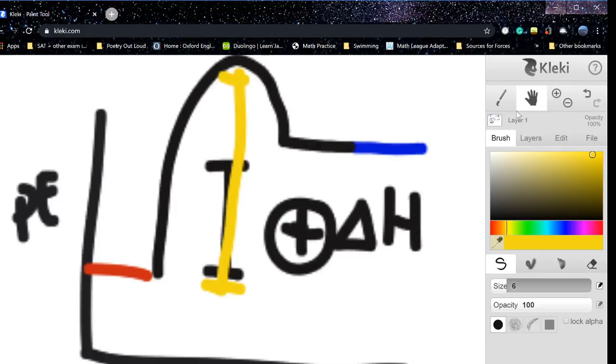As you can see, the activation energy is much larger because it requires energy. And again, this is the energy of the reactants, and this is the energy of the products, and it has a positive delta H.